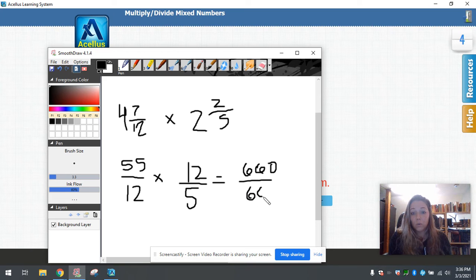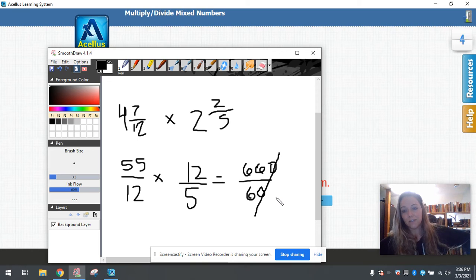Now the really cool way to reduce this quickly is to chop off the zeros at the end. If there's matching zeros, you can just slice them. And I've explained why in previous videos, because if you divided 660 by 10, you get 66. If you did 60 divided by 10, you'd get 6. So pretend we wrote that all out. So now we have 66 over 6.